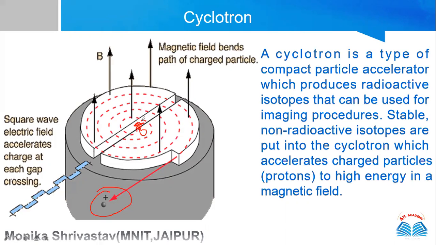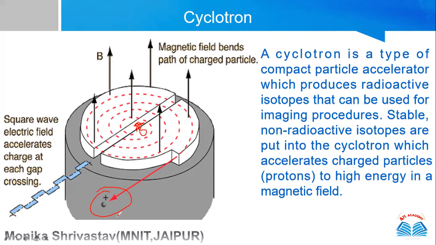Now suppose initially the velocity of this charged particle was, for example, 2 meter per second. Then what we will get in our output using this cyclotron, you can't imagine. The velocity will be 1 lakh times or more, like we can get up to 2 lakh meter per second for that 2 meter per second moving charge.